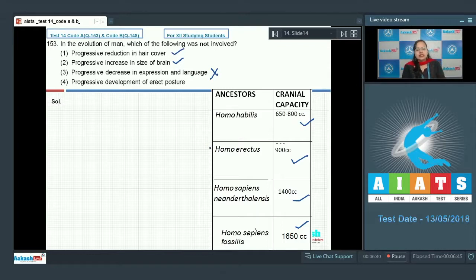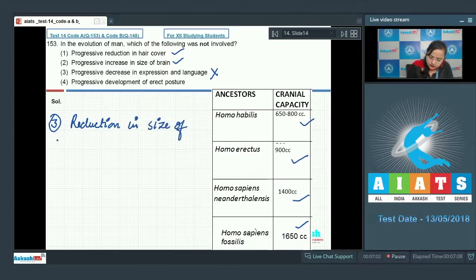There was an increase in expression due to increase in movement of facial muscles, and also during the course of human evolution there was reduction in size of the lower jaw.